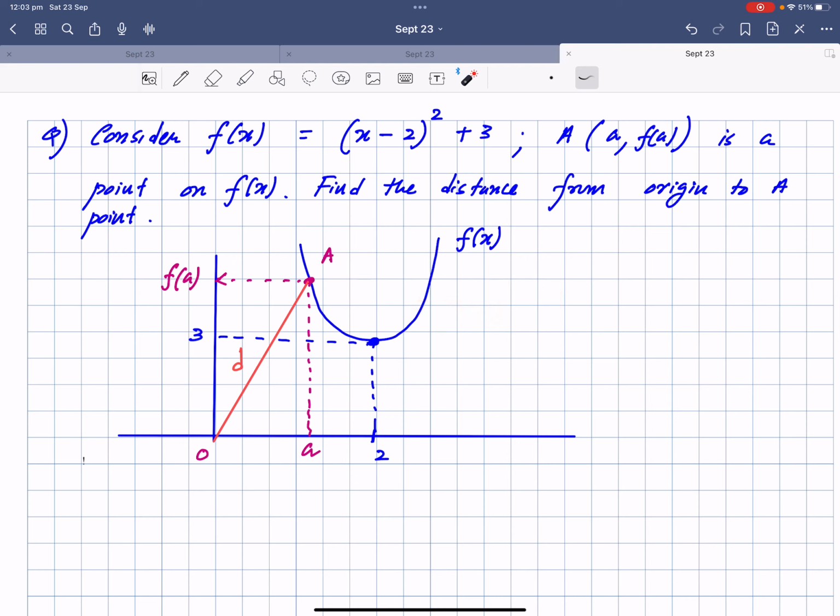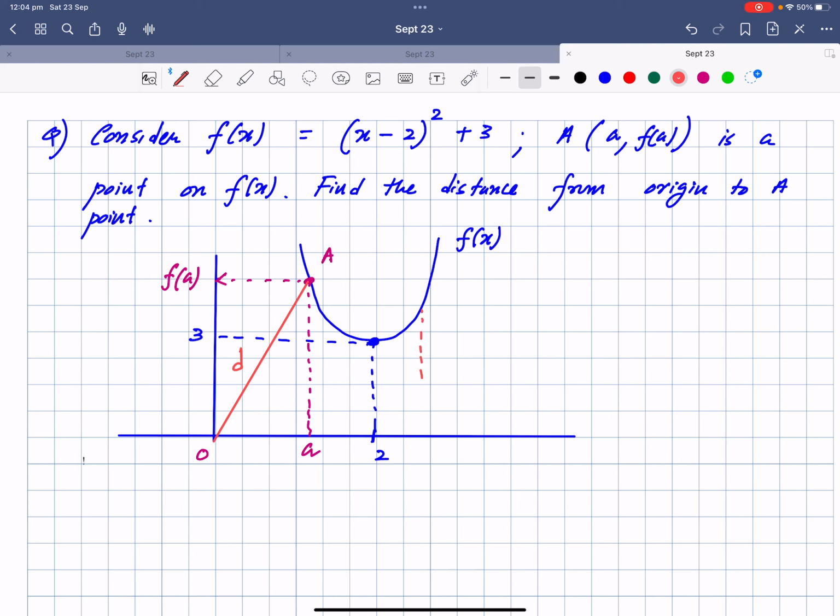Again, if you choose this point to be, not a, because we have used a, suppose p, then the x coordinate is going to be p, and the y coordinate is going to be f(p). It's easy, right? Now, since x is defined, we typically consider the point to be x.